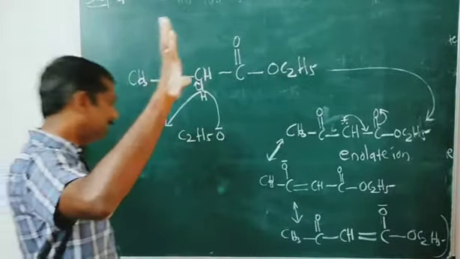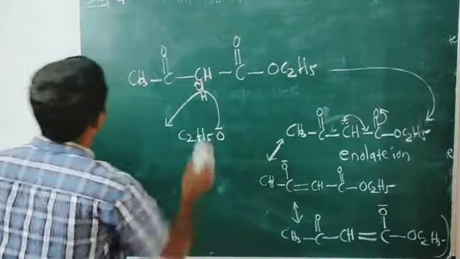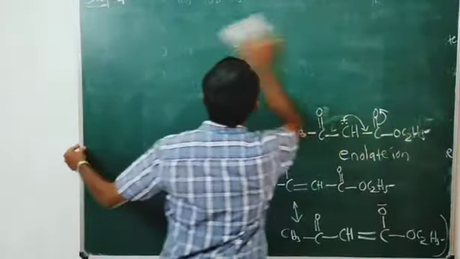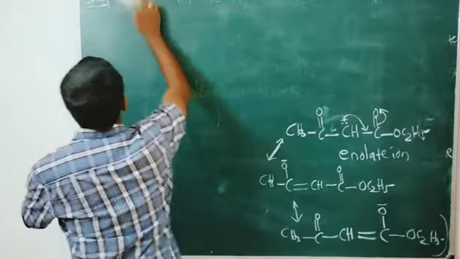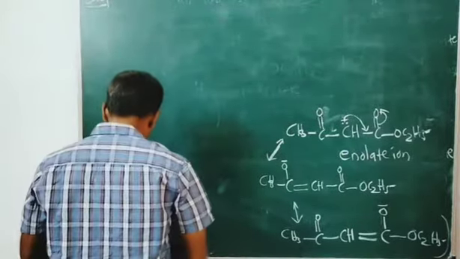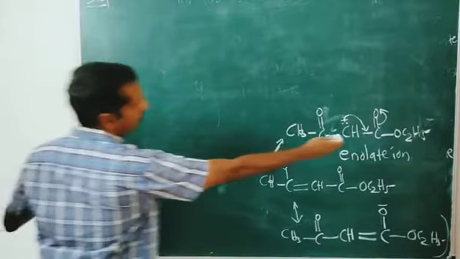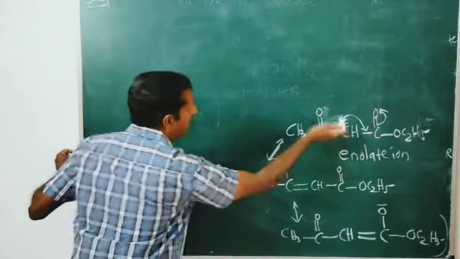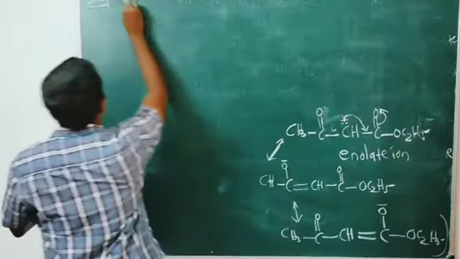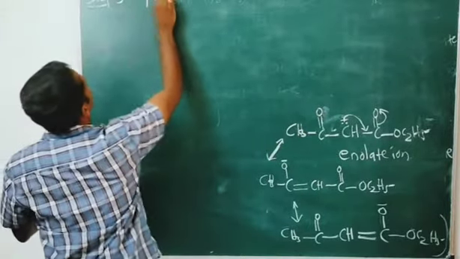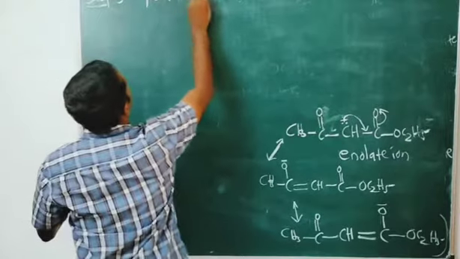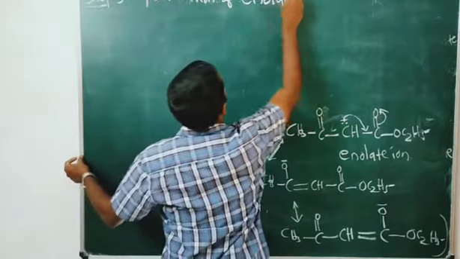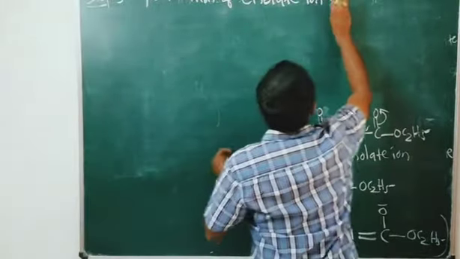And in the final step, step 5, look at here, this is our enolate ion, and these are the resonance stabilized structures of enolate ion. Step 5 is protonation of enolate ion by an acid.